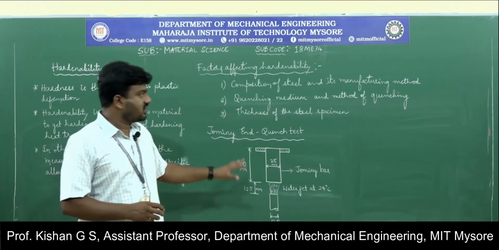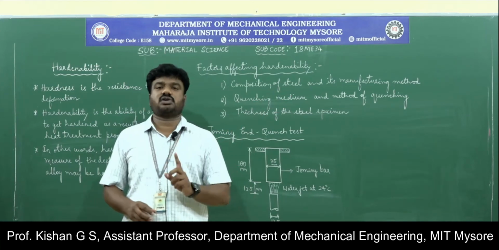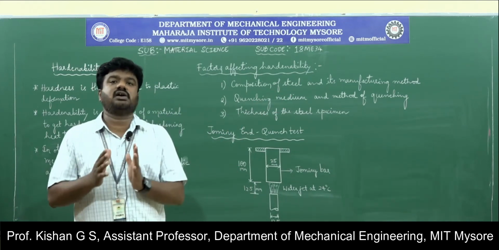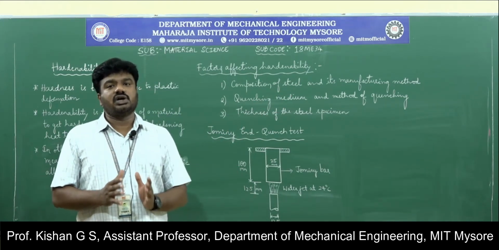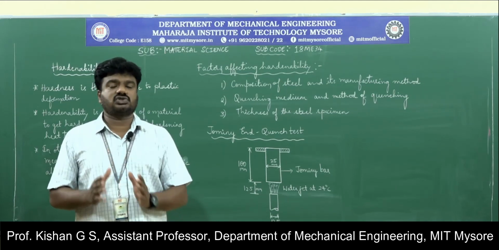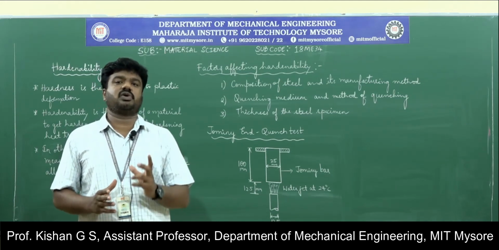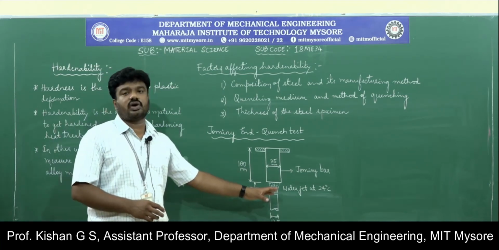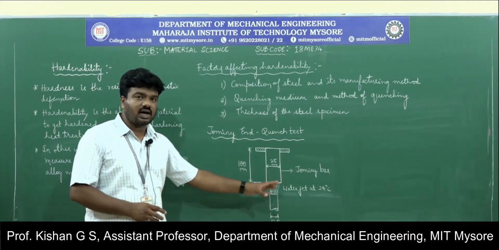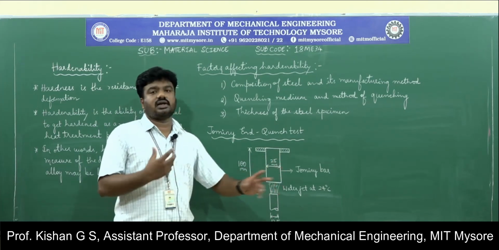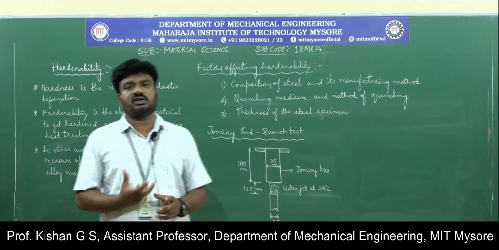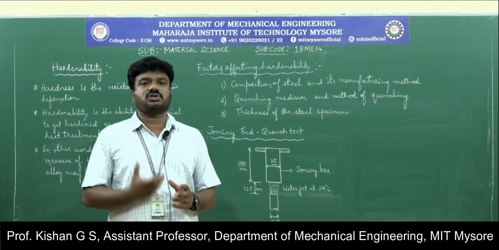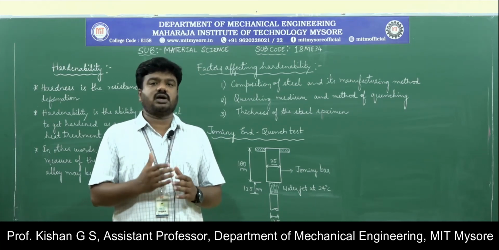So this becomes the second method of quenching. The first method is completely immersing the material at its austenitic temperature in a water or oil bath, so that in the end you get the specimen in its martensite structure. In the second method, you start the quenching process from one end, so that to a particular depth you achieve the martensitic structure, and the remainder becomes non-martensite, or almost approaching martensite structure.